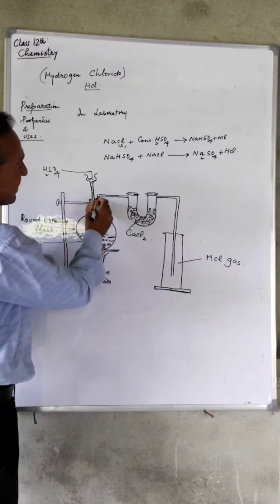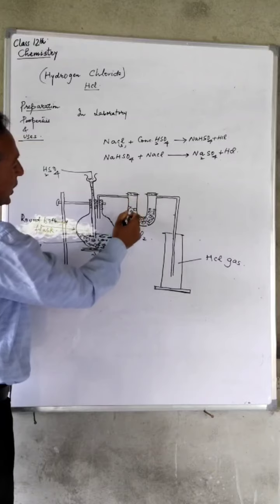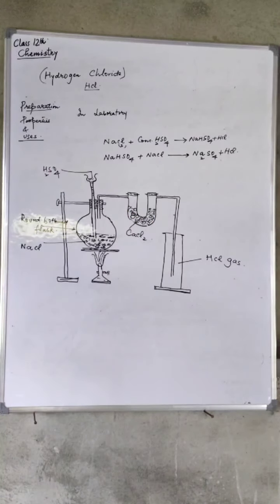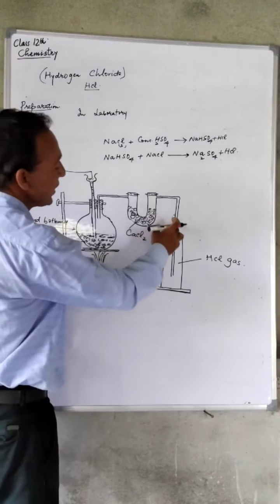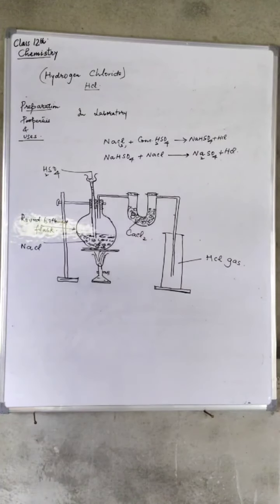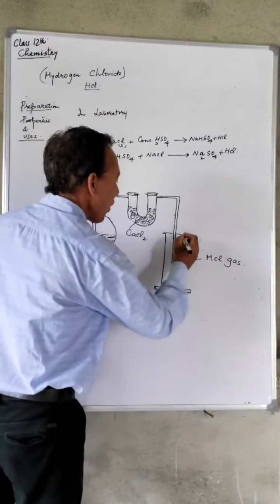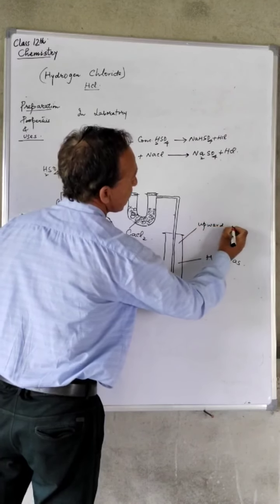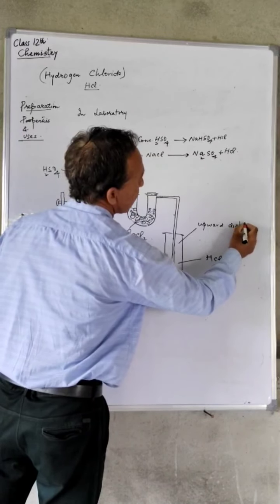This HCl gas is allowed to pass through a U-tube where we have calcium chloride, which absorbs the moisture, and it is collected in the gas jar by upward displacement of air.